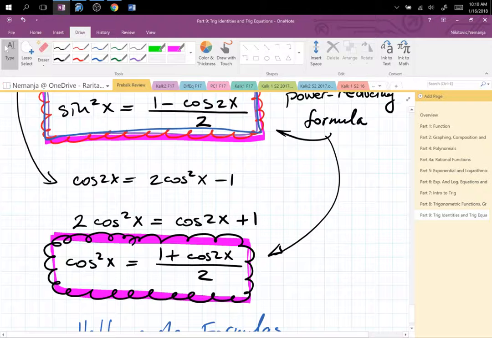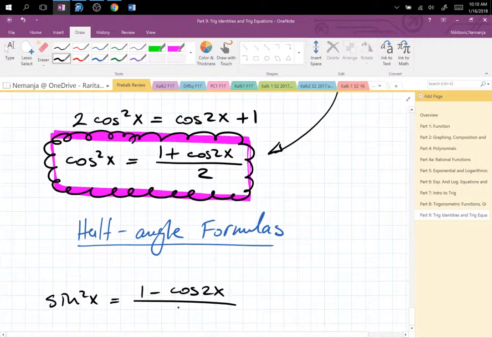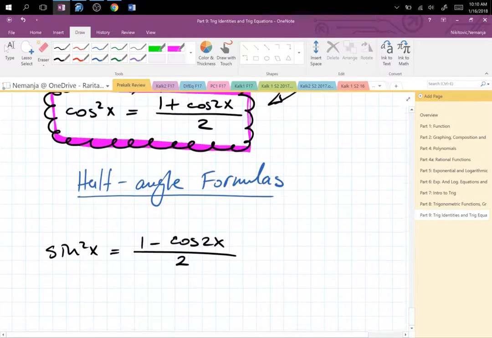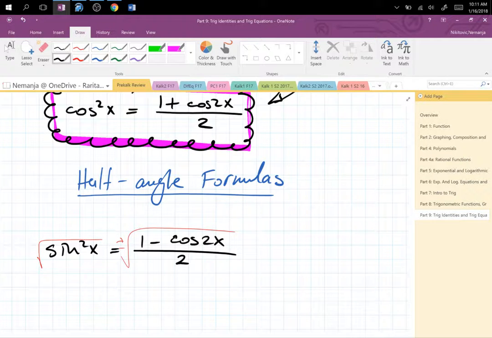So sine squared x is equal to 1 minus cosine 2x over 2. This is that insanely important power reducing formula that you have to use. Now I'm going to square root both sides, and when I square root both sides I have to put a plus minus on the right.